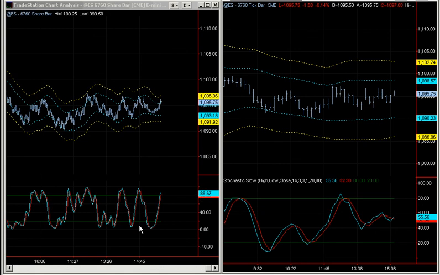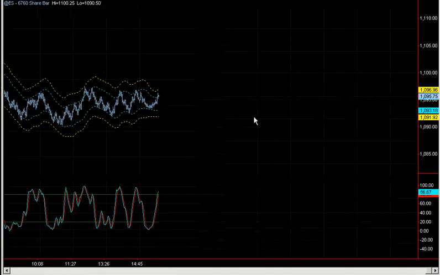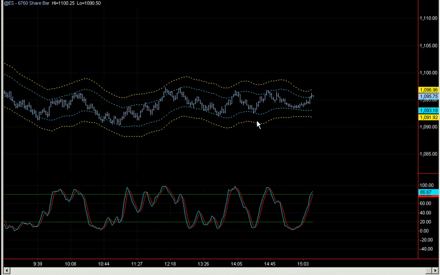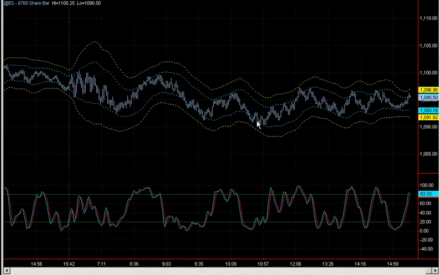Now depending upon what you're trying to achieve, if you're using a share bar approach, you can see that the zones, by and large, are well within the boundaries of movement. Okay, using share bars, it's more responsive than a tick bar.